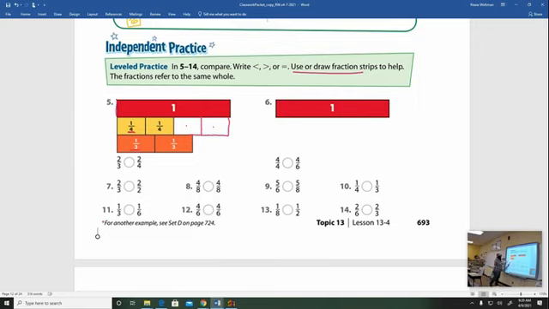Now for this one, the denominator is 3. That means that there are going to be 3 parts in the whole total. But the numerator, guys, the numerator, Briggs, what does the numerator stand for? How many you're taking out or how many you're representing, right? So in this case, the reason I didn't write 1/4 in here and 1/4 in here or 1/3 in there is because those parts, we're not using those parts right now.